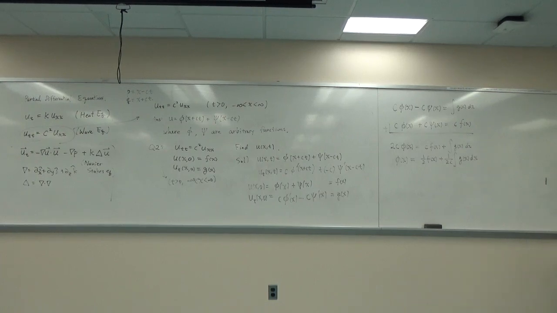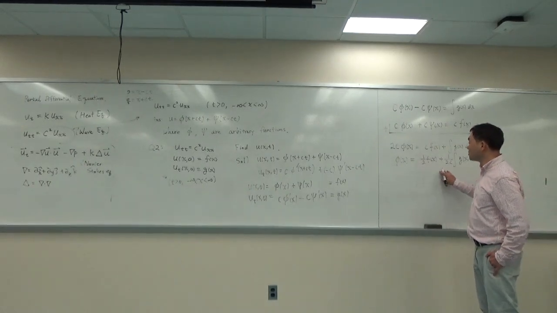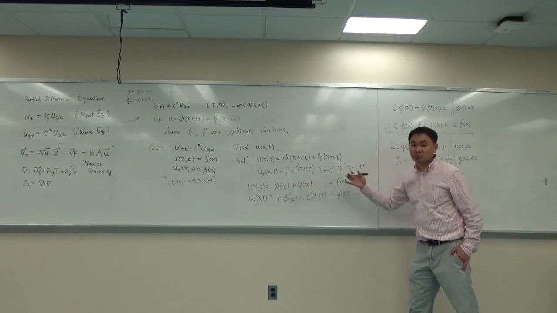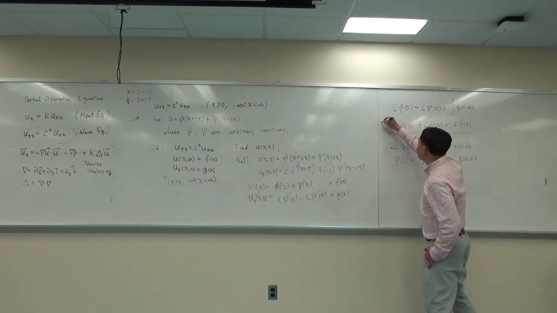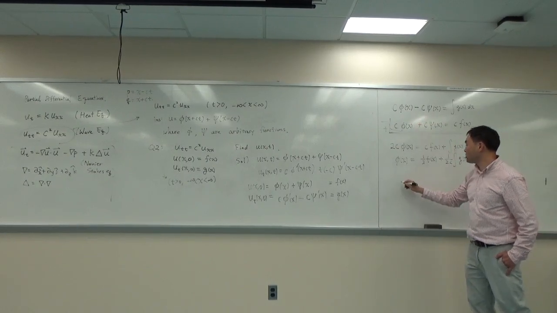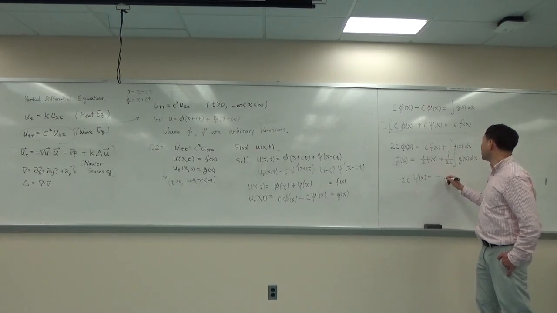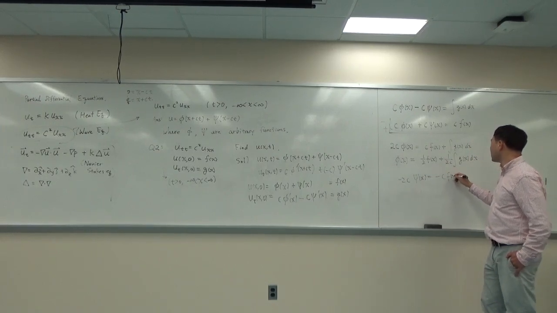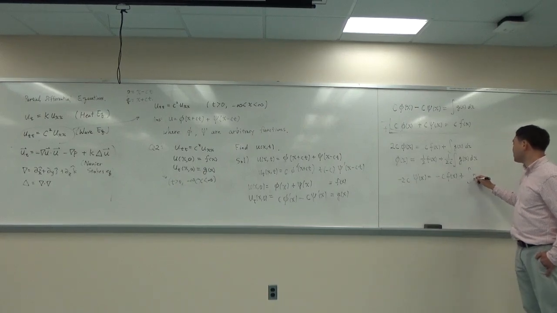How can we get psi? Now, 2 ways. You can plug this into here and solve it. You can just subtract it. So that'll be another method. So subtract. Then this will cancel and you end up with negative 2c of psi of x equals negative c f of x plus integral of g of x.